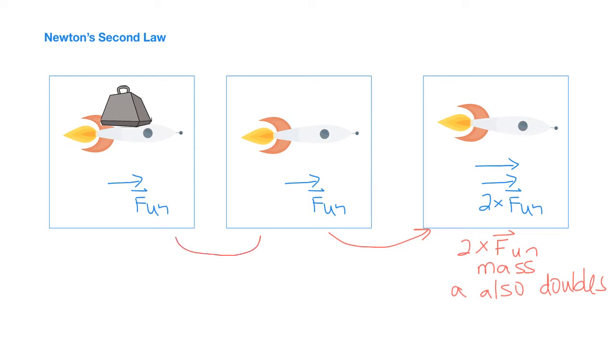On the other hand, if I keep that unbalanced force the same, but I double the mass, my acceleration doesn't double. It actually is one half. It decreases. The higher the mass of an object is, then the less it accelerates with the same amount of force.